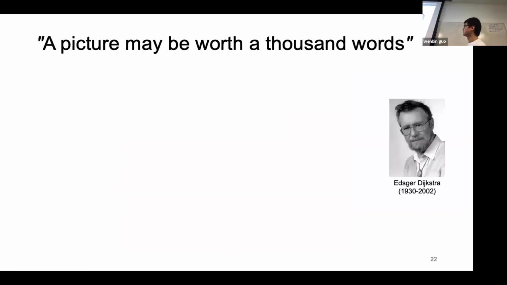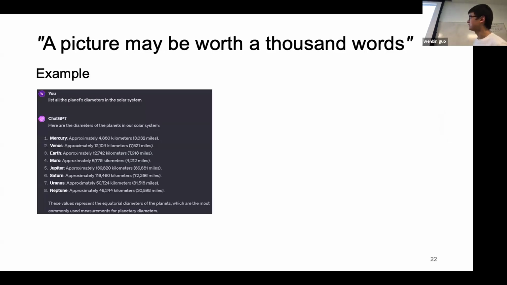So you have probably already heard the saying before that a picture may be worth 1,000 words. This was said by a famous computer scientist who invented the algorithm for finding the shortest path within a network. So to give you a small example of the saying, I once asked ChatGPT, okay, please list the planets' diameters in our solar system.